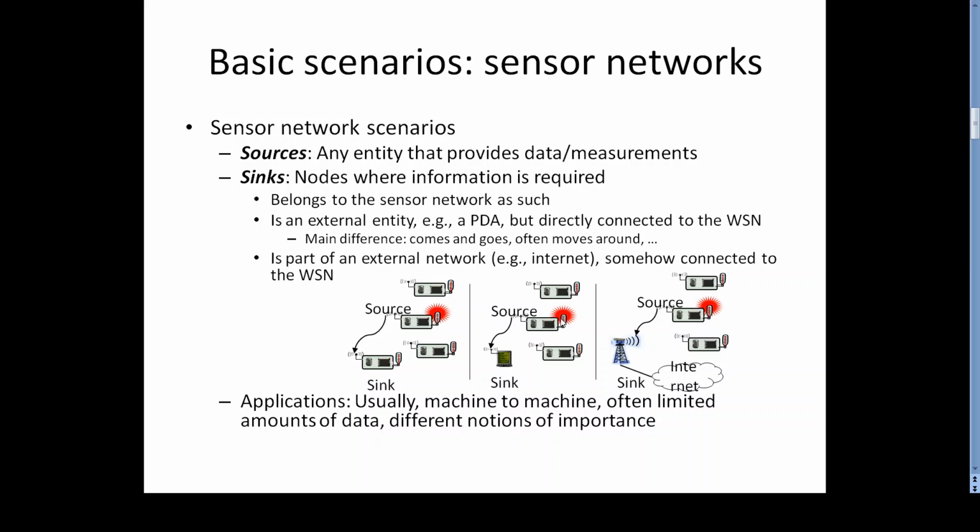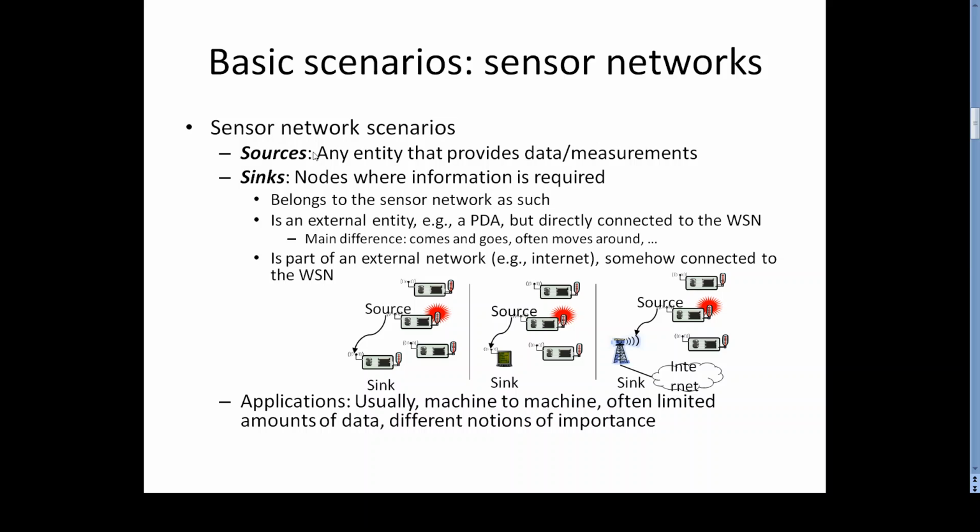In the second example, this is the source, it is measuring or providing the data, and that data will be processed at the sink. So the data is transferred to the sink. In the third example, the sink is also connected to an external network, that is the internet, and the measurement data is sent to the sink.